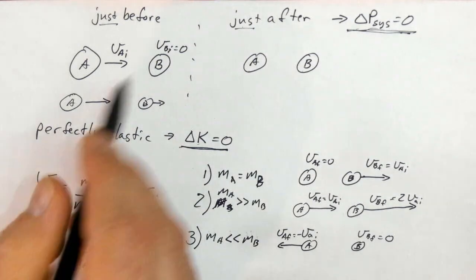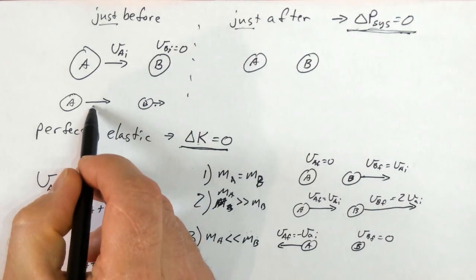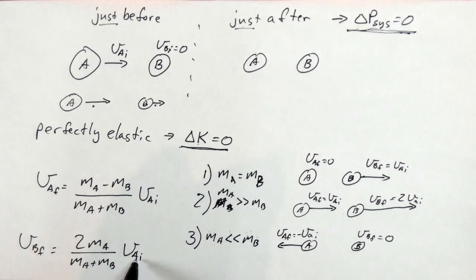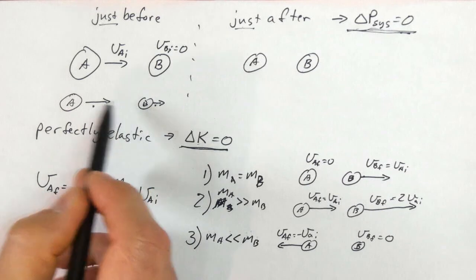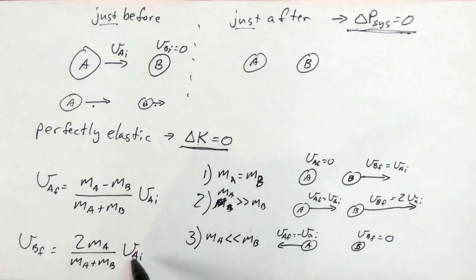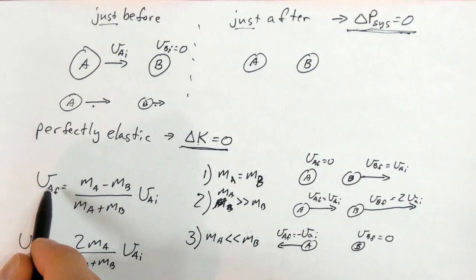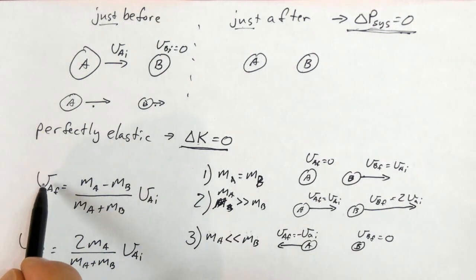So for example, if this was 1 meter per second, and this was 3 meters per second, then what I would plug in here would be 2 meters per second, because the relative speed between these is 2 meters per second. 3 minus 1 would be 2. So I'd plug in 2 meters per second. I do these calculations, and then let's just say that I get 2 meters per second for this afterwards.